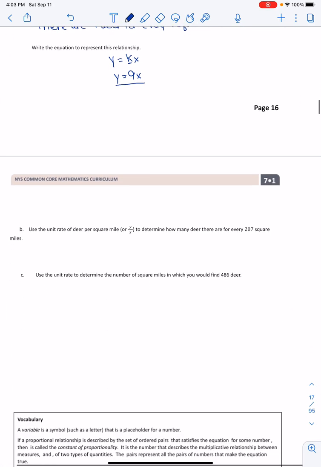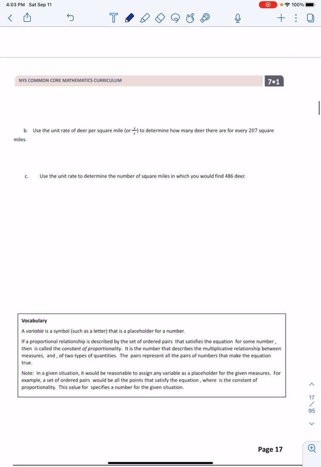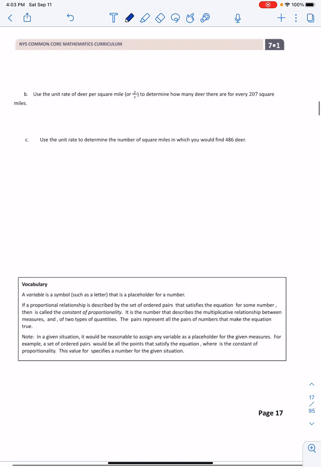So next question for this particular problem says, use the unit rate of deer per square mile, or y over x, to determine how many deer there are for every 207 square miles. Well, in order to do that, our unit rate is 9.